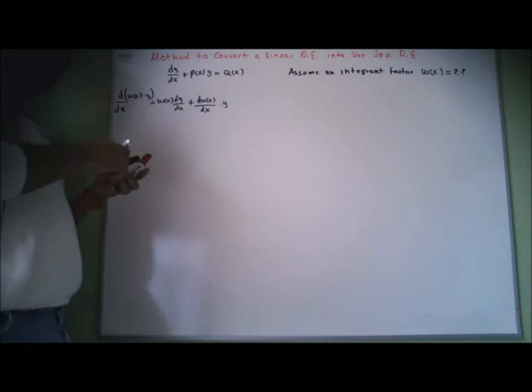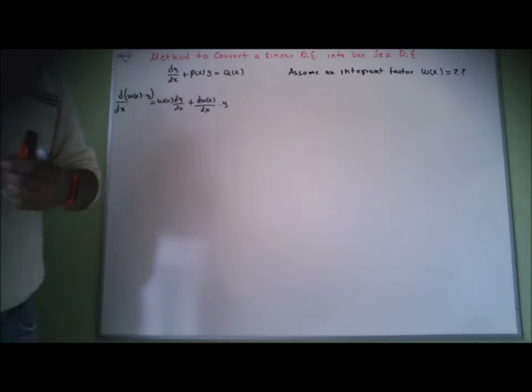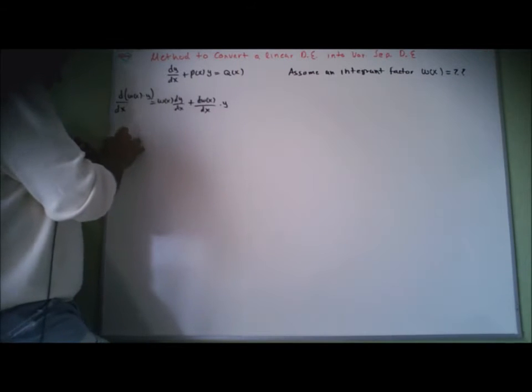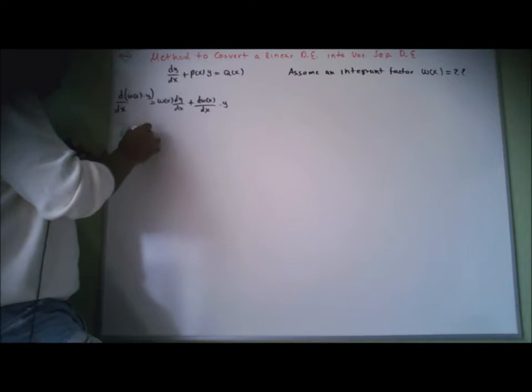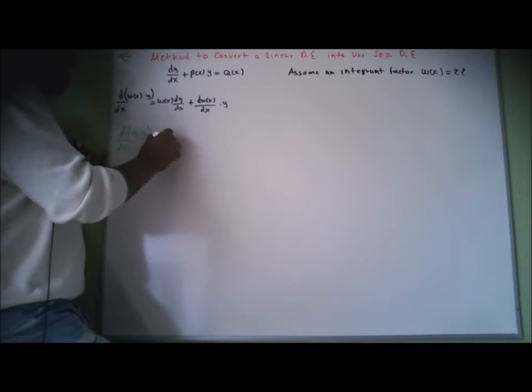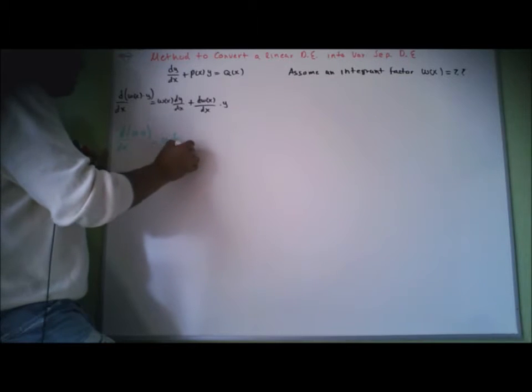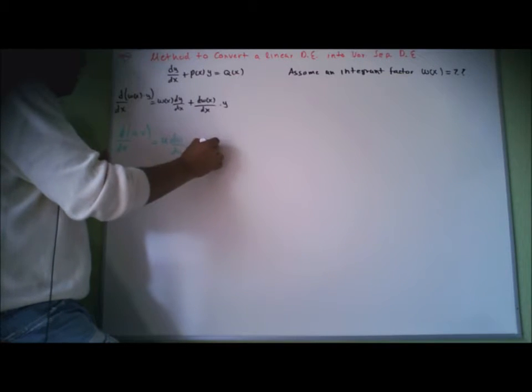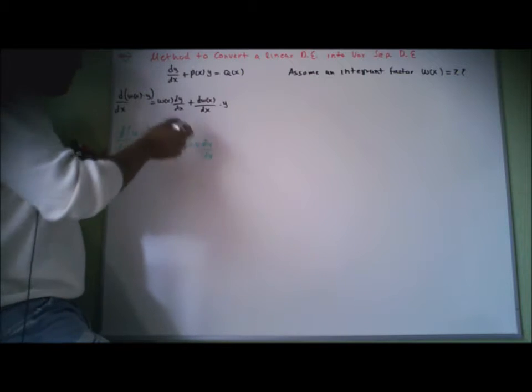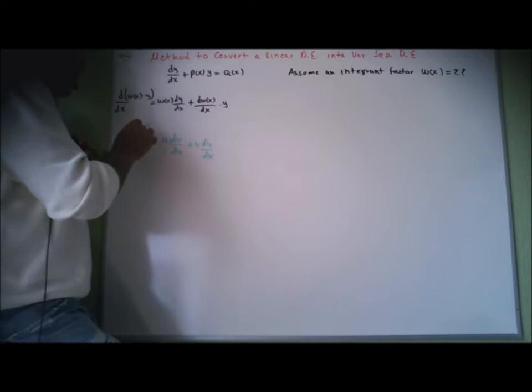According to the formula you already know for the derivative of a product, the derivative with respect to x of u times v is u times the derivative of v with respect to x plus v times the derivative of u with respect to x.